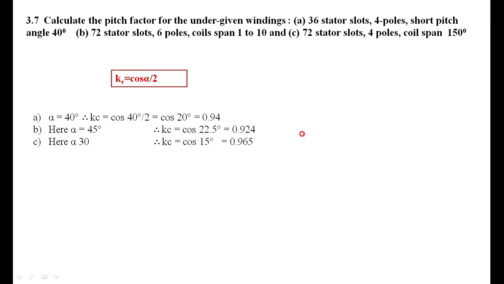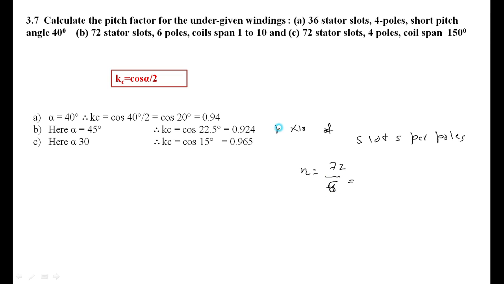See here, the number of slots per pole is nothing but n is equal to 72 divided by 6, the number of poles is 6.